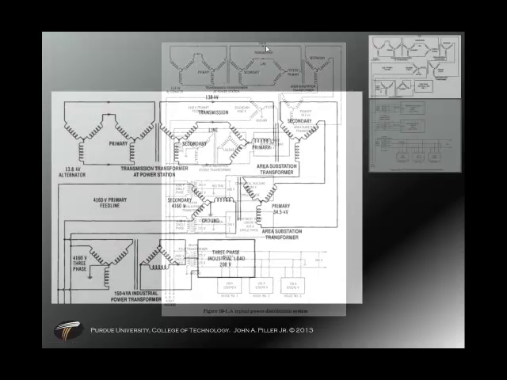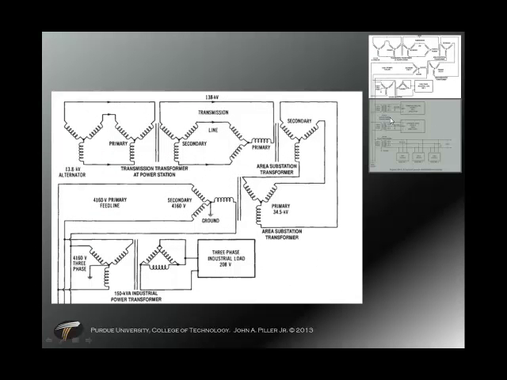I zoomed in on areas. This is the upper area of that first block. So there's your alternator, your 138 kV transmission line to a substation. Substation drops it down to 34.5 kV. That sends it down to a 4160 and then sends it into a commercial residential area.